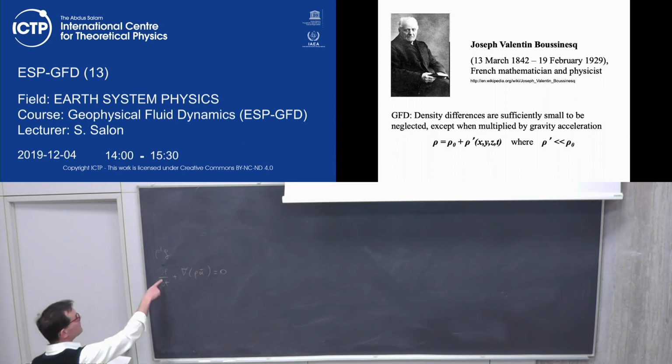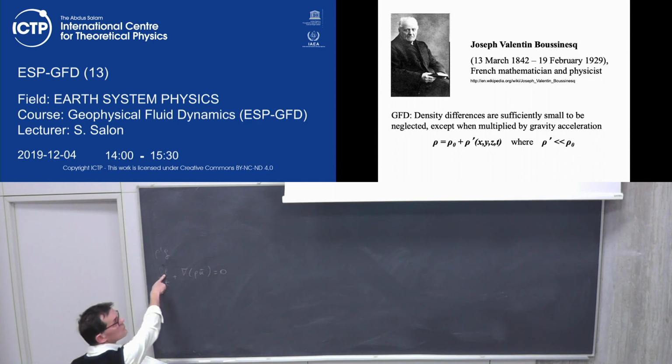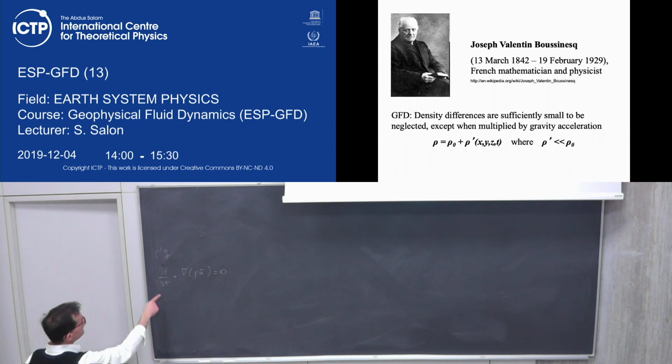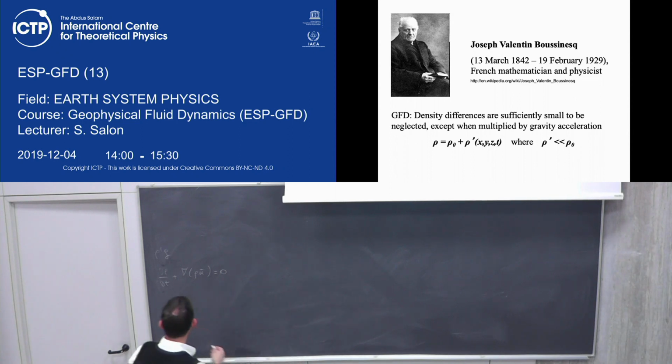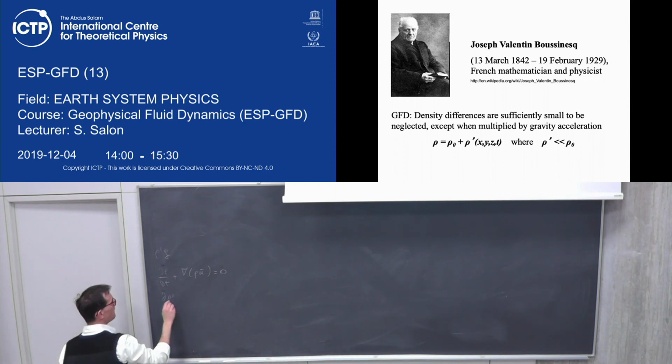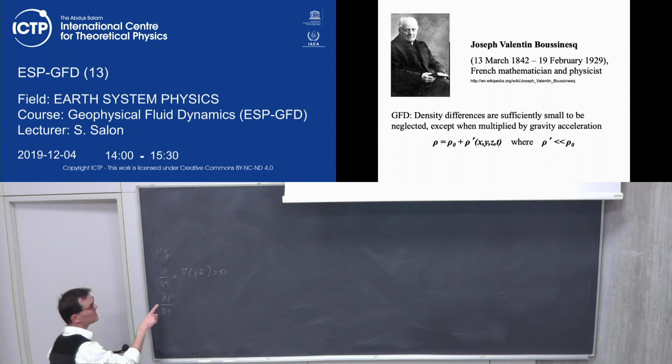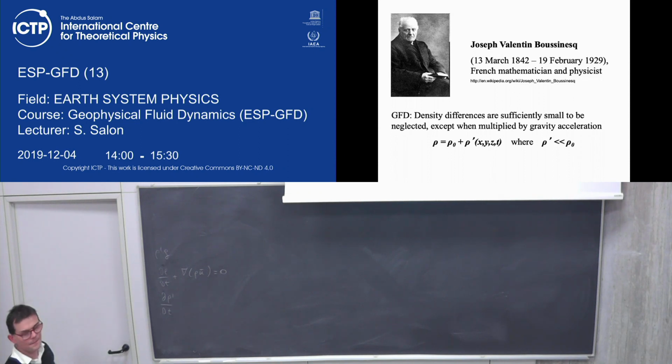So we can start to substitute rho as the sum of rho zero and rho prime. So d rho dt, since rho zero is a constant, what I obtain is simply d rho prime dt. I'm just considering not the time variation of the background density because it's a constant, but only the one of the density perturbation.